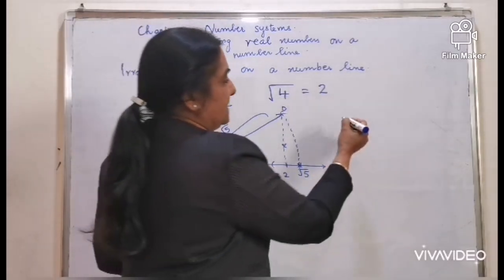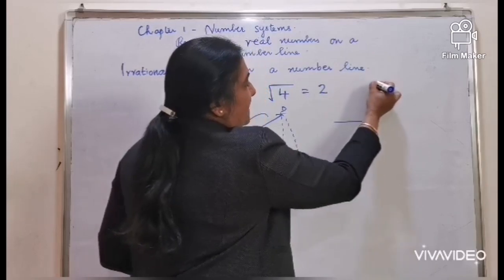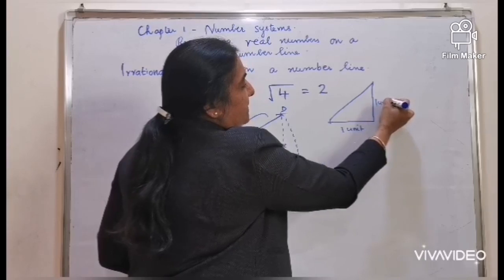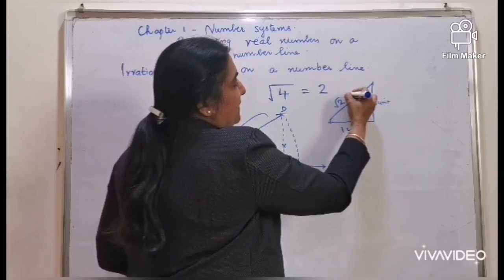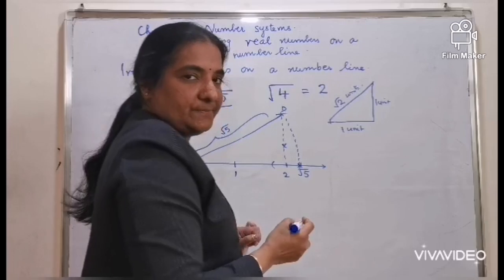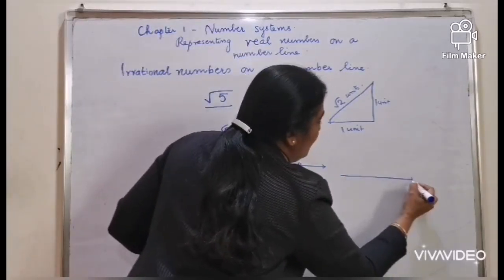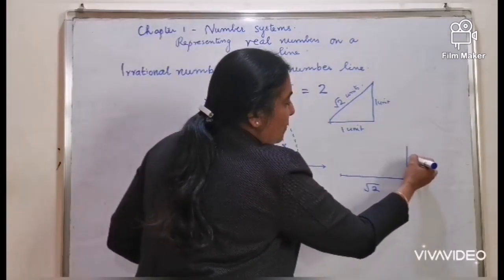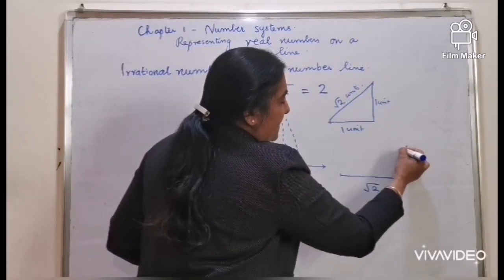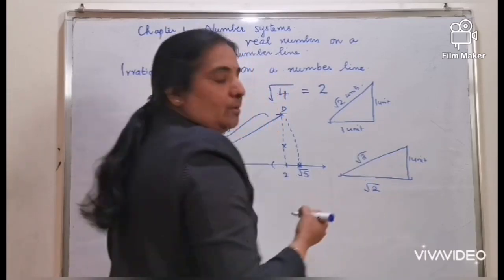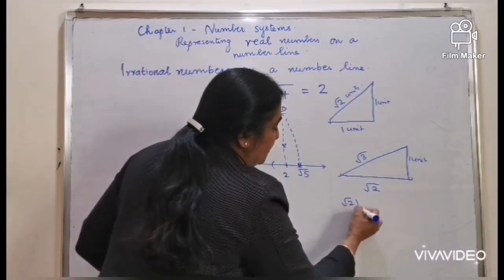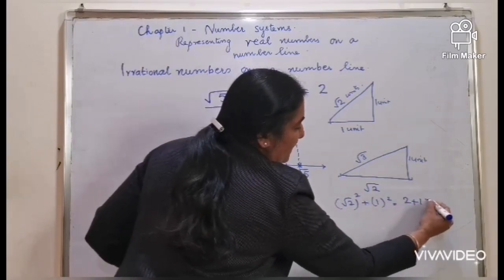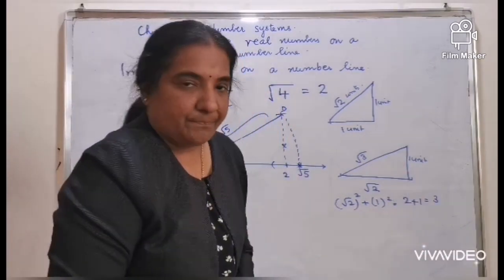The logic behind it is, when you took 1 unit and 1 unit, the hypotenuse proved as root 2 units. After getting the value of square root 2, you are again taking only 1 unit here and you are getting the value of root 3 by the calculation: root 2 the whole square plus 1 the whole square is equal to 2 plus 1, which is equal to 3.